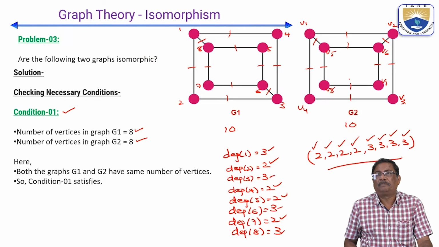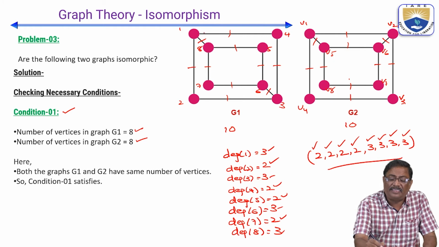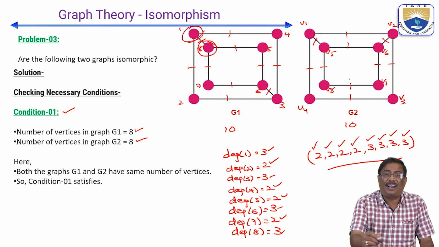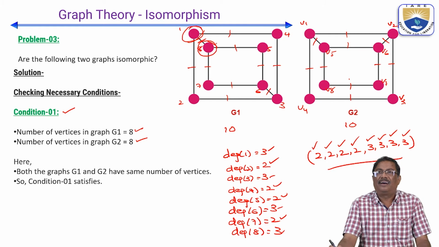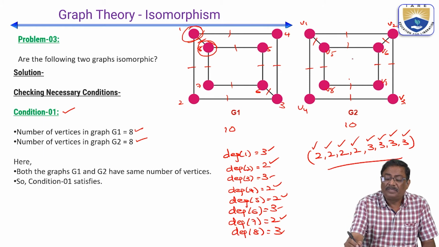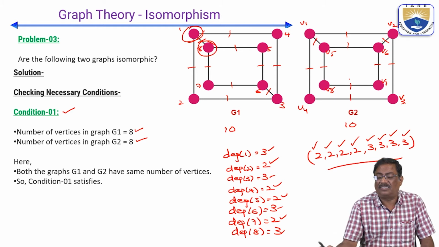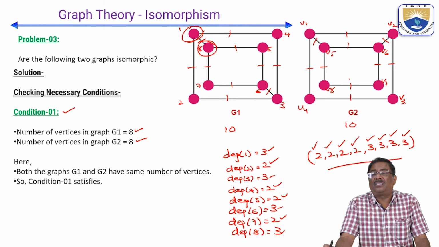So here it is a cycle, and these two vertices have degree 3, so they are adjacent. The degree 3 vertices form a cycle of length 4. And here these are not adjacent. So that is the difference between these two graphs.